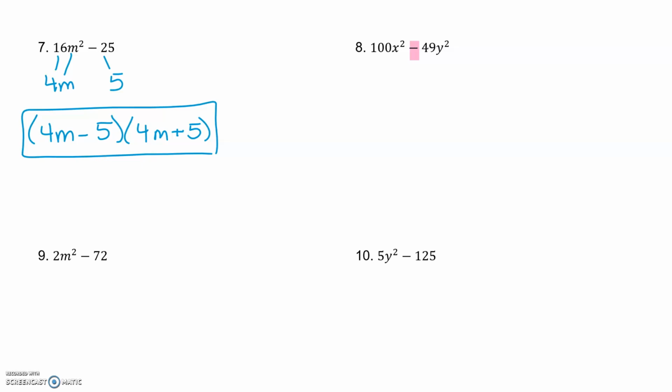And 100 is the perfect square of 10. X squared is the perfect square of x. 49 is the perfect square of 7, and y squared is the perfect square of y. So everything is a perfect square, so that means we can still go ahead and write this as a difference of squares problem. So 10x plus 7y times 10x minus 7y.